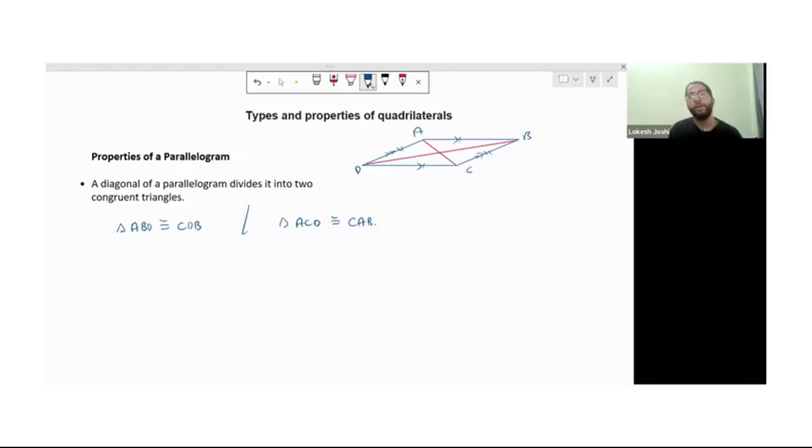Now I am going to prove this for the first one, ABD and CDB. For the next one, you can try by yourself.